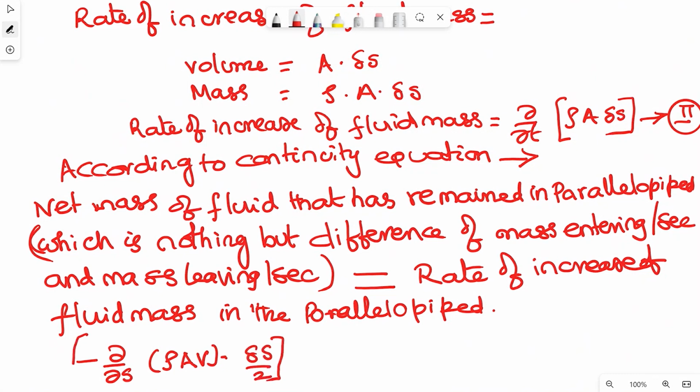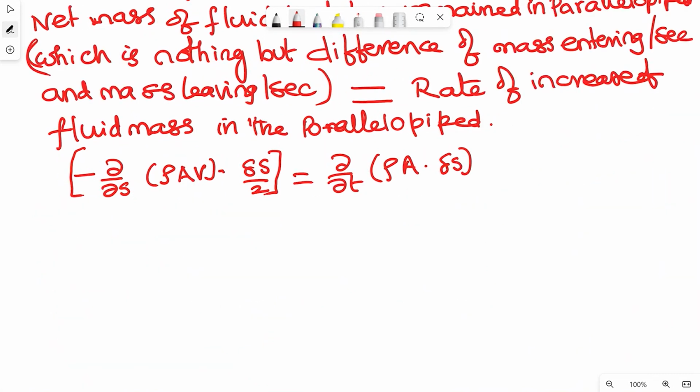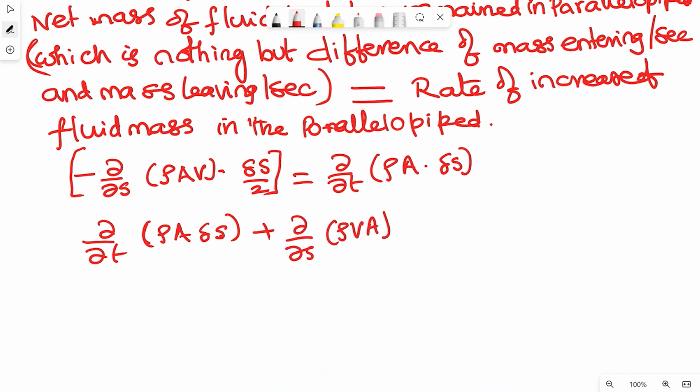This is the difference, which is equal to dou by dou T of rho A into delta S. If I bring this onto the other side, dou by dou T of rho A into delta S plus dou by dou S of rho AV into delta S by 2. This is the most general equation for one-dimensional flow.